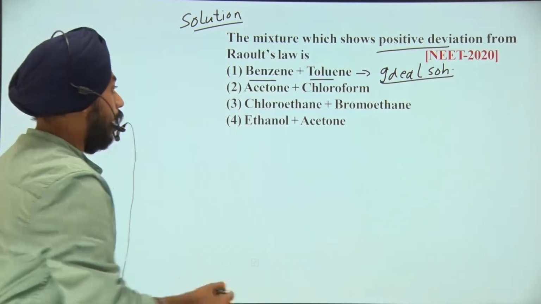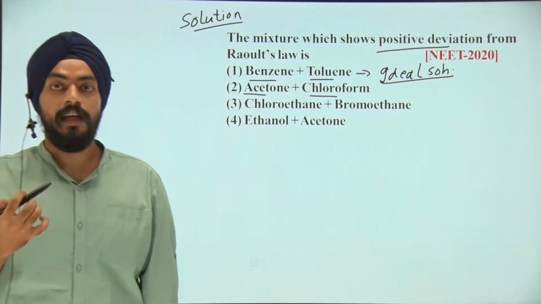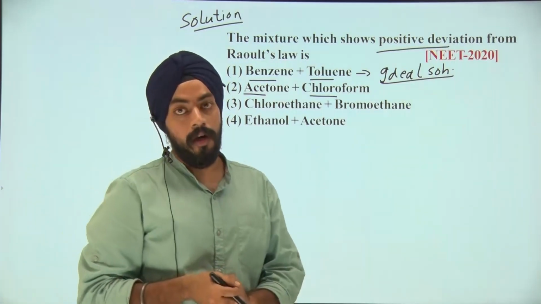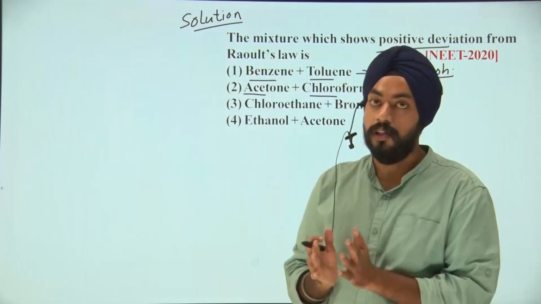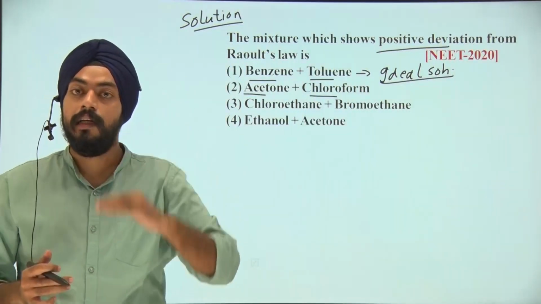The second is acetone plus chloroform. Students, when we mix acetone and chloroform, hydrogen bonds are formed over there, and if hydrogen bonds are formed, the vapor pressure will decrease.